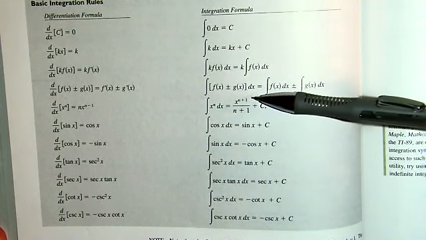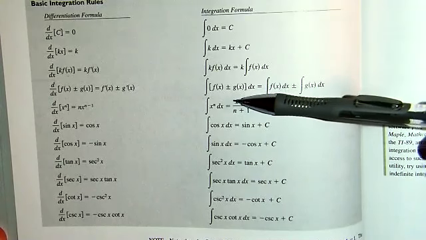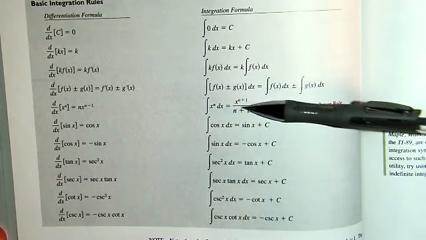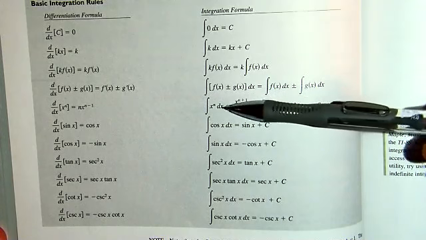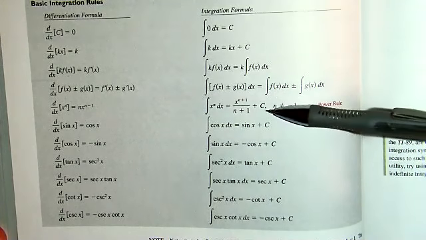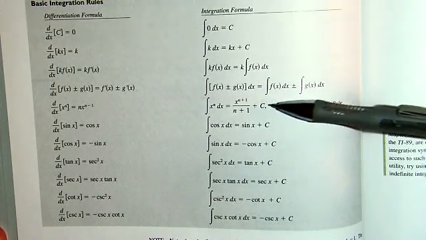Well, what's n plus 1 minus 1? It's just n. And remember, I've brought this n plus 1 outside to the front, and it's going to cancel out with what's here in the denominator. So I would just have x to the power n, which is this. And then, again, plus c. c is going to be a constant. The derivative of that is 0.